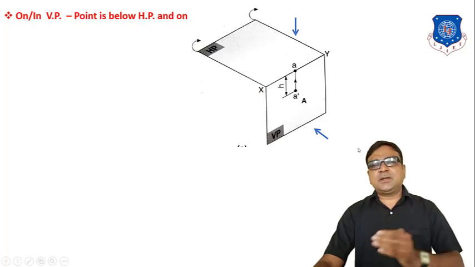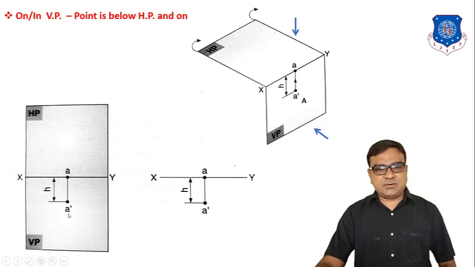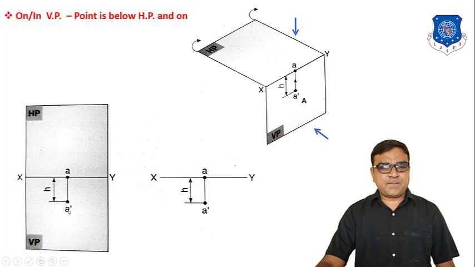By revolving 90 degrees, the point on the XY line is small a, and our front view A dash, which is on the vertical plane, will come below the XY line, because we do not move the vertical plane, we move only the horizontal plane. So A dash is at distance h from XY.